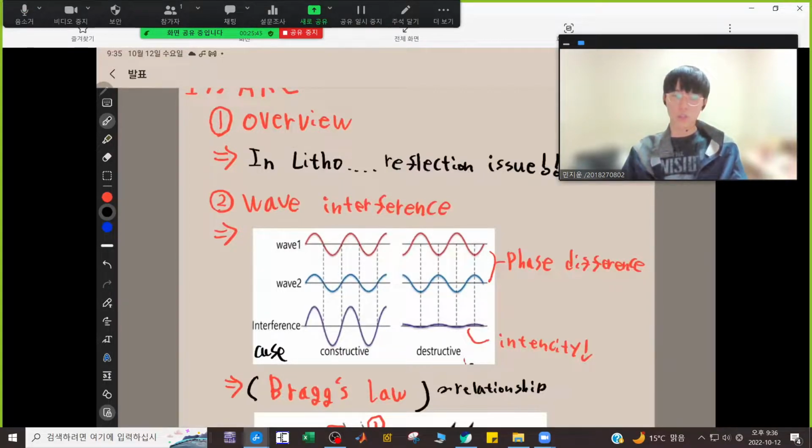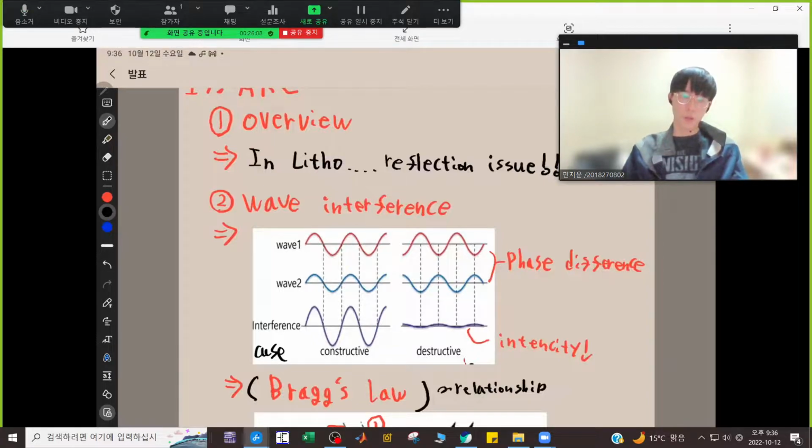First, we see the left picture. If two waves have the same phase, they sum by the superposition theory, and we get constructive interference.